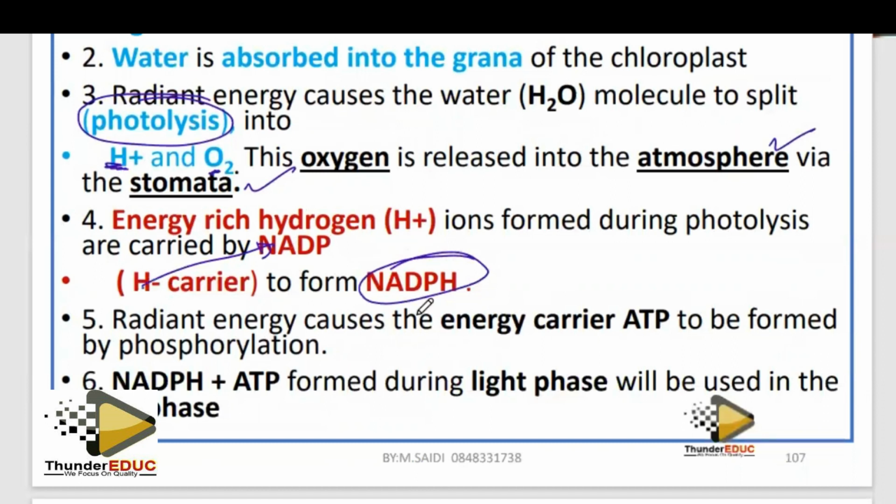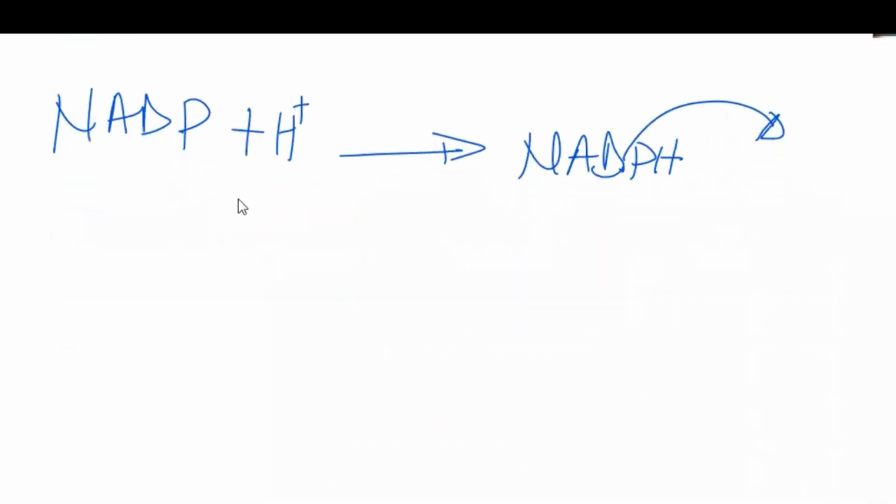The radiant energy also causes the energy carrier ATP to be formed by the process of phosphorylation. Let me show you what happens. Before, it is ADP, which is adenosine diphosphate, meaning two phosphate groups.